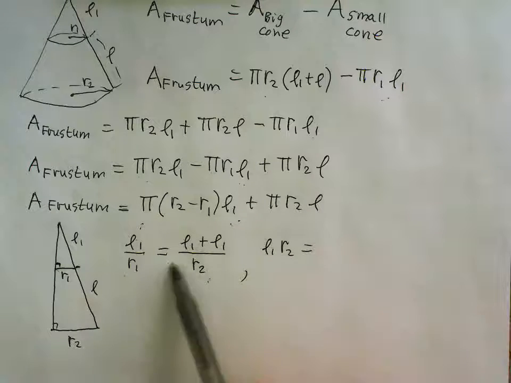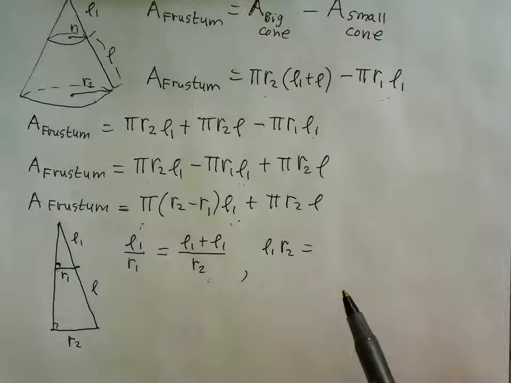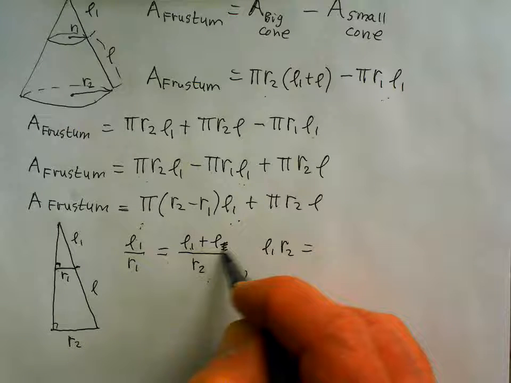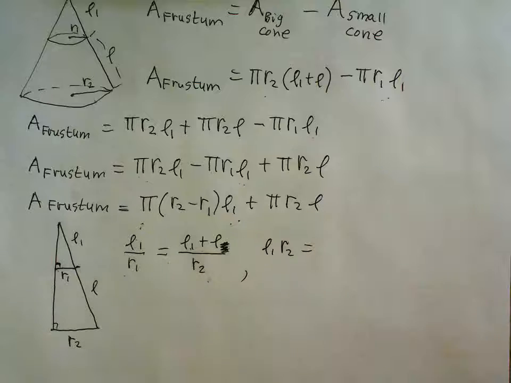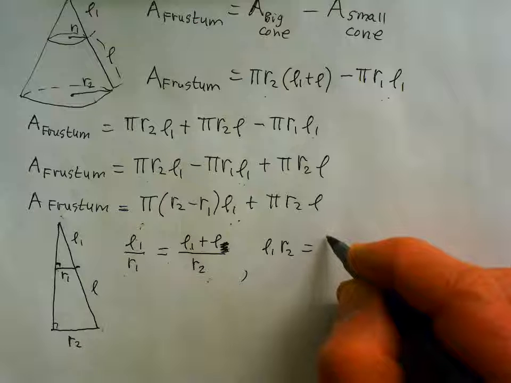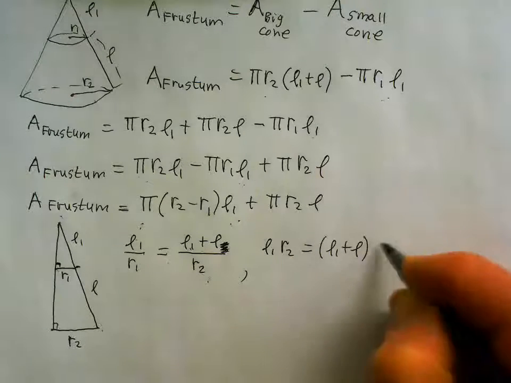The other cross product, whoops, this should be L sub 1 plus L only. That's the length of this side, L sub 1 plus L. So one cross product, L sub 1 times R sub 2, is equal to the other cross product, L sub 1 plus L times R sub 1.